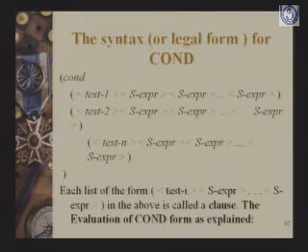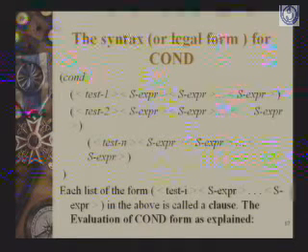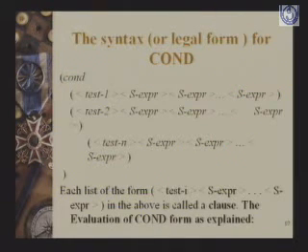Suppose test 2 is true, then all the expressions which are following test 2 are executed. So whenever a test clause comes out to be true, the statements following it are executed, and those for which the test clause is false, the statements following that test are not executed.